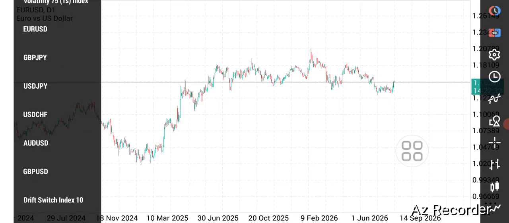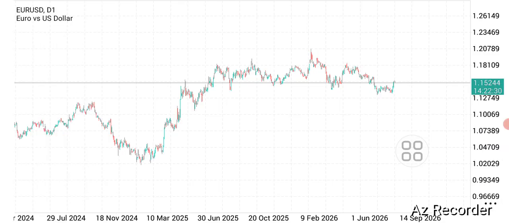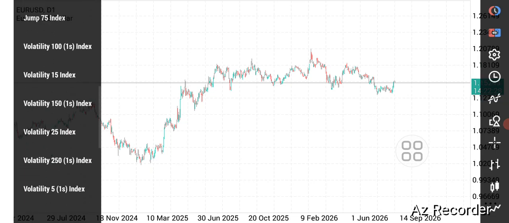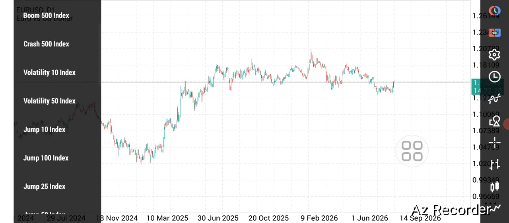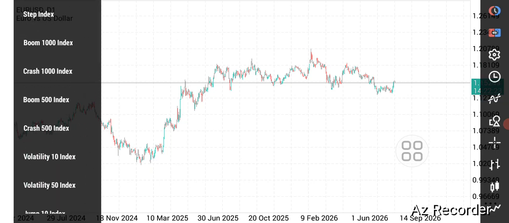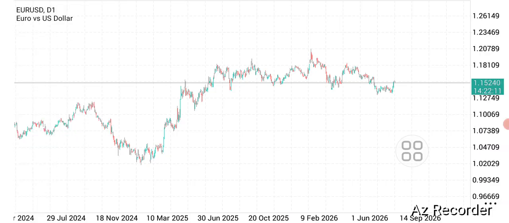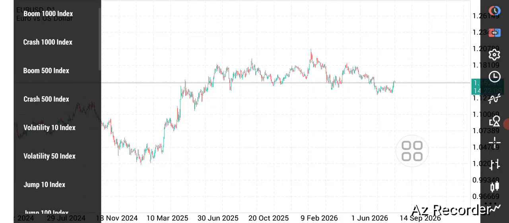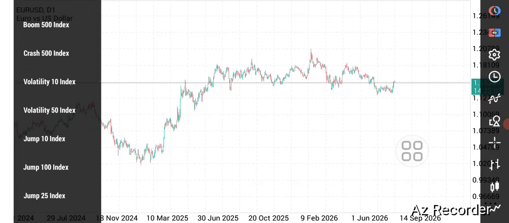One advantage that you have in trading volatility indices, especially boom and crash, the jump 10, the boom 500 and so on, is that these volatility indices normally run throughout the weekend. You don't have off days. You can trade them even on Sunday and on Saturday, unlike currencies, which you only trade from maybe Tuesday, Wednesday, Thursday, and Friday, because sometimes the banks are not open.